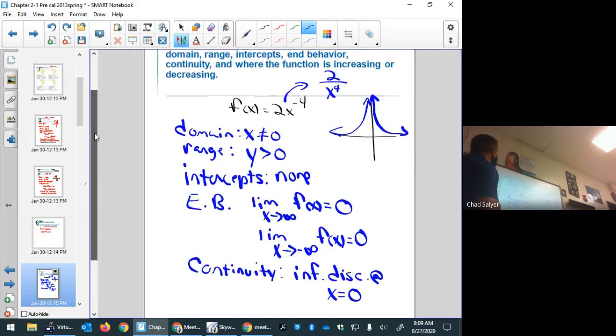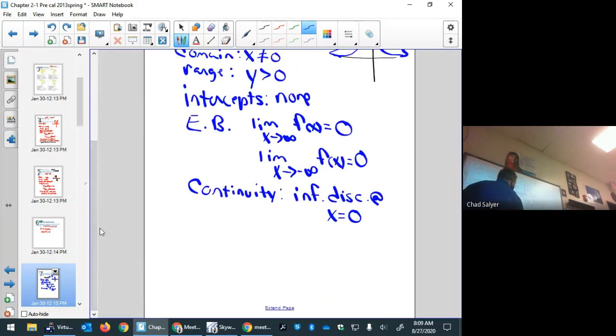And then intervals of behavior. So it's got 2 intervals: from negative infinity to 0 and from 0 to infinity. And you'll see it's increasing on the left interval and decreasing on the right interval.